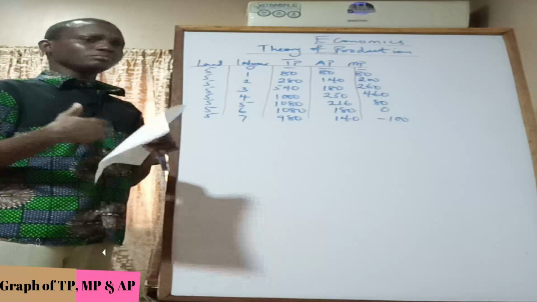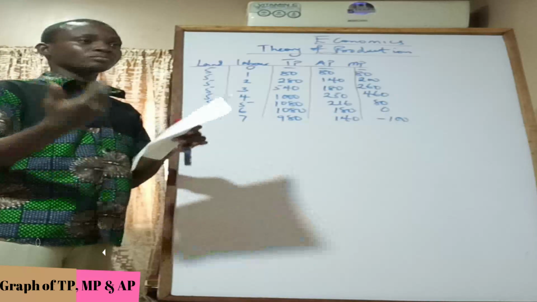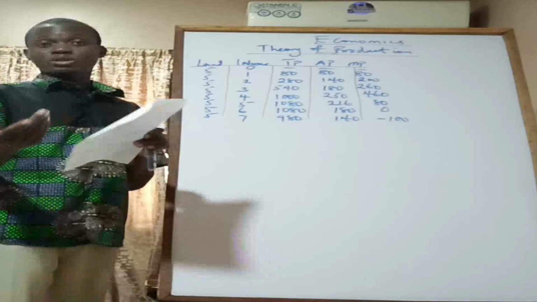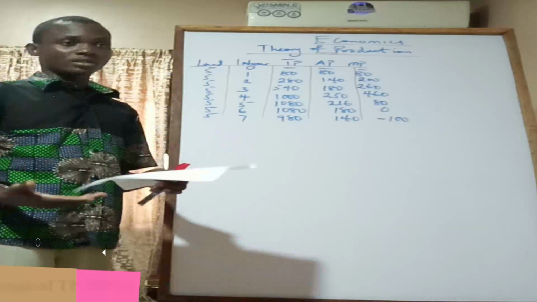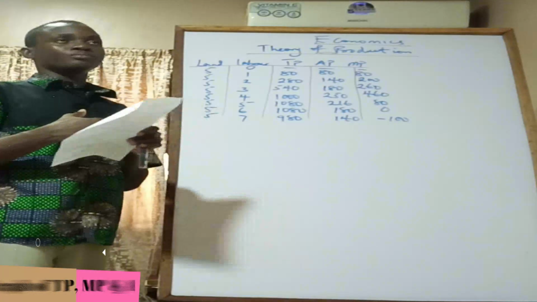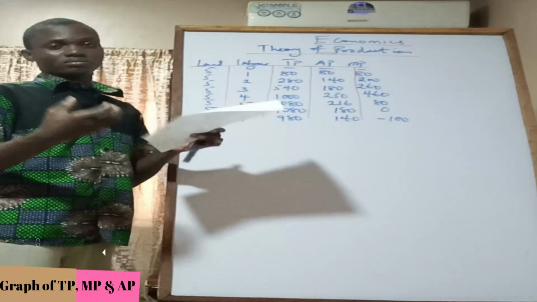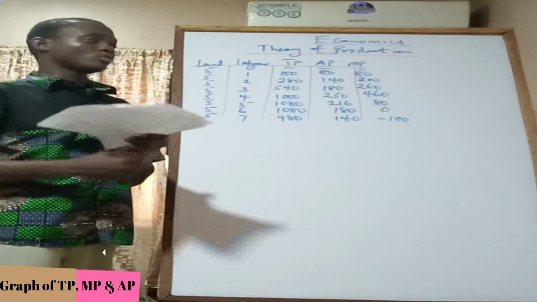This describes the situation where a percentage change in your variable input, because the fixed factor is fixed, so it is the variable one I can change, causes a decline in output produced, a negative growth in your total product.